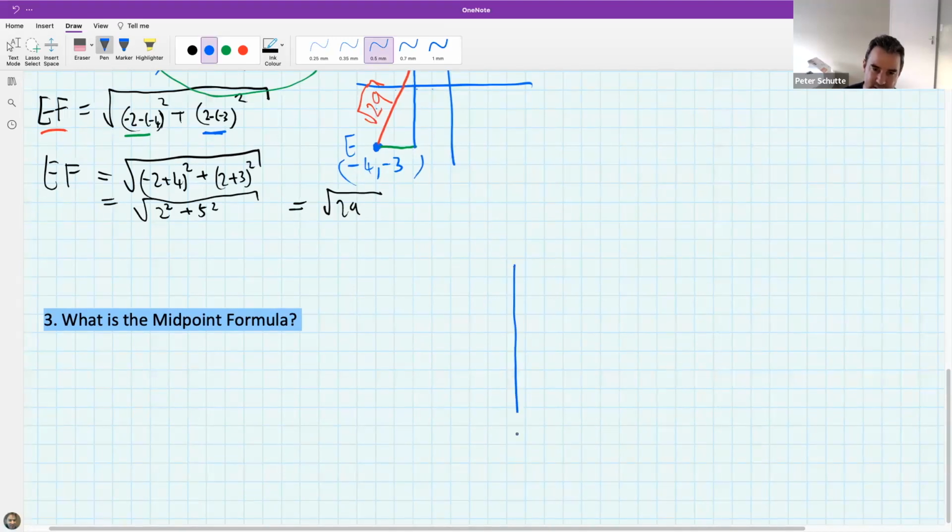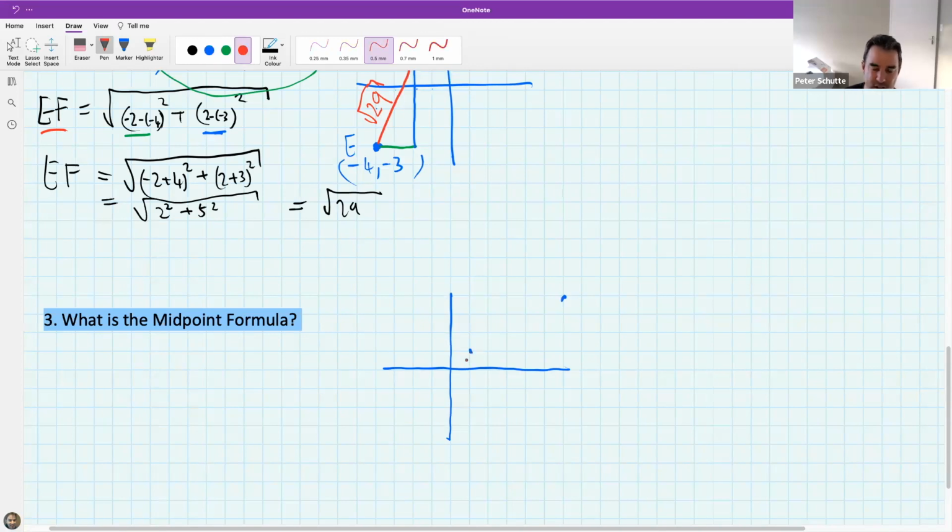So say we have a Cartesian plane and we don't want to find the distance between 2 points. We just want to find the midpoint between 2 points. So let's call this point over here point A, and it looks like it's going to be the coordinate 1, 1.